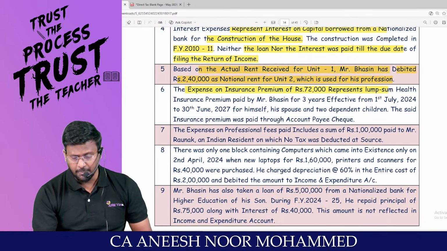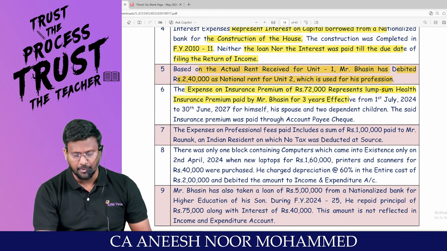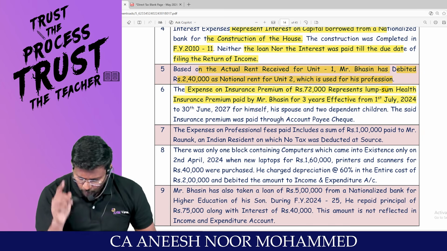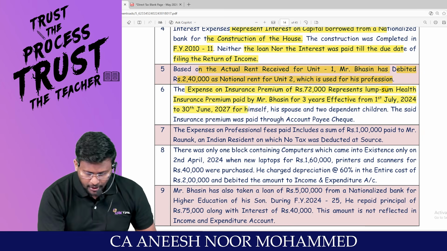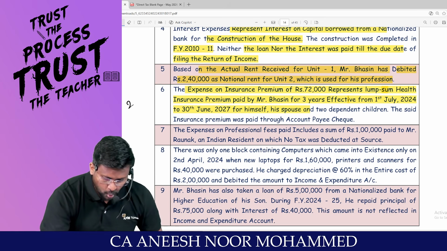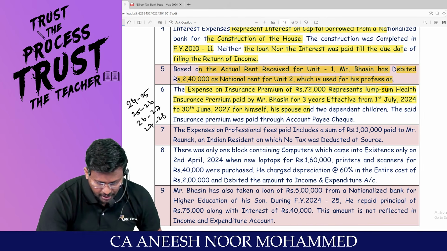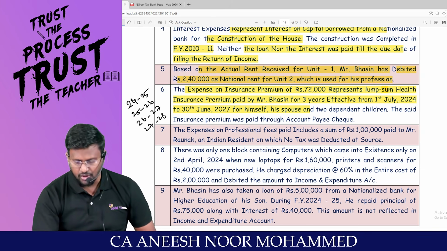Expense on insurance premium 72,000 represents a lump sum health insurance premium paid by Mr. Bashin for how many years? Effective from 1st July 2024 to 30th June 2027. That means financial year 24-25, 25-26, 26-27, 27-28.